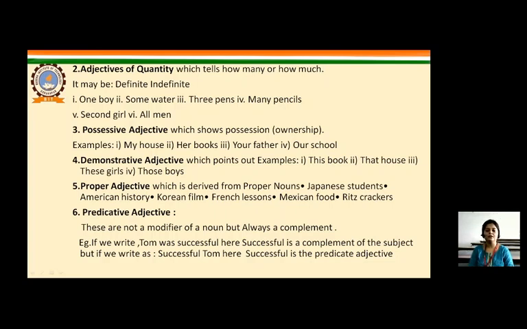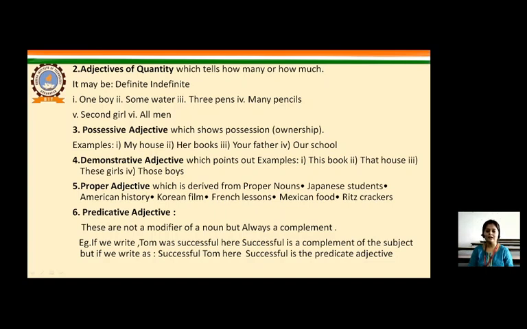But when an adjective is being used with a proper noun, then it is a proper adjective. Like Japanese students, American history. So you are referring to the particular history of a particular country, that is America, and here American history becomes a proper adjective. Similarly, you have Korean film, French lessons, Mexican food, and Ritz crackers.